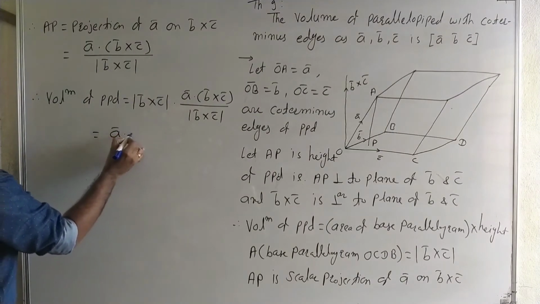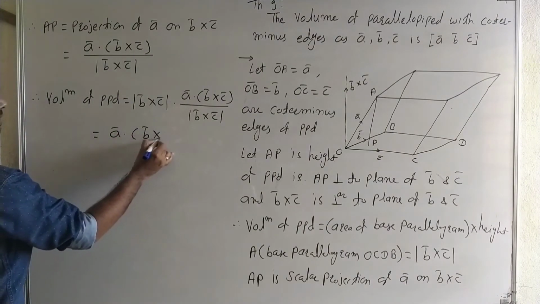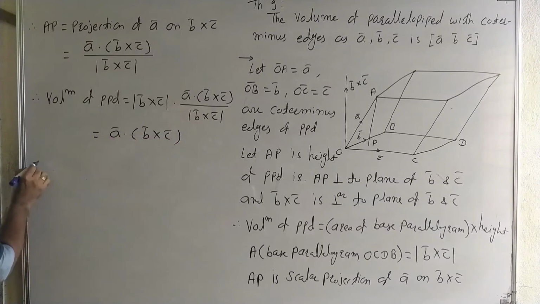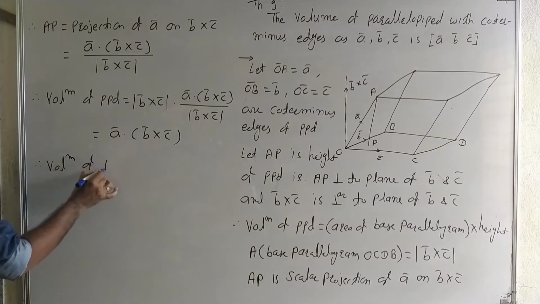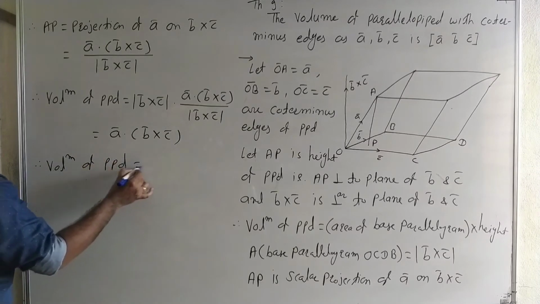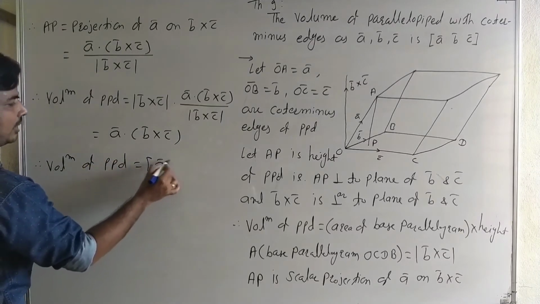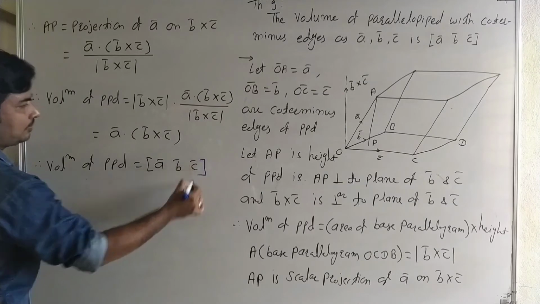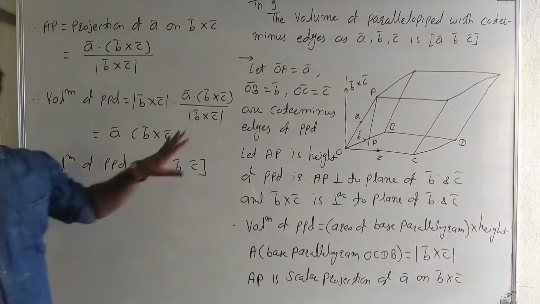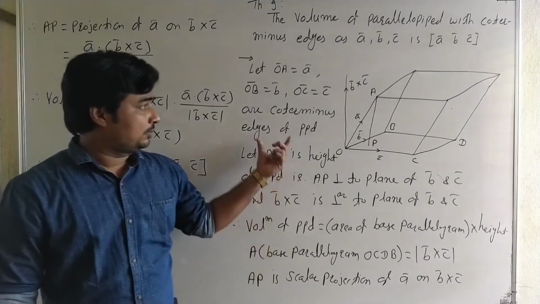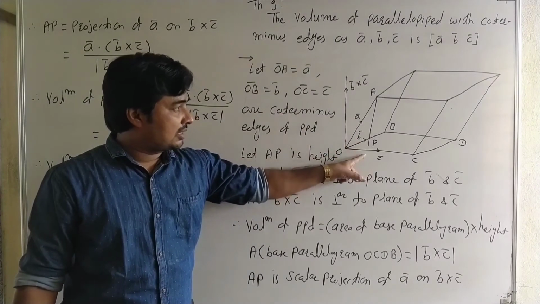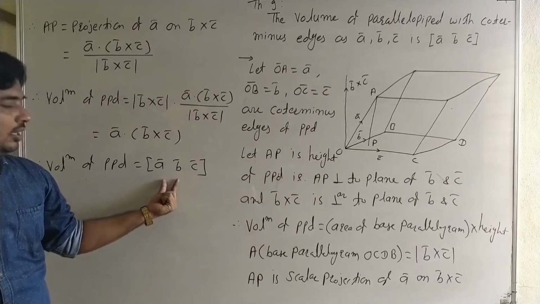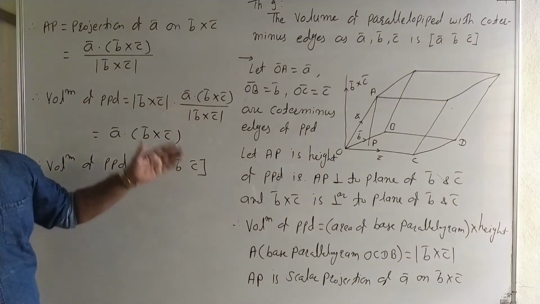Here A bar dot B bar cross C bar is a triple product, and therefore volume of parallelepiped is equal to triple product of A bar, B bar and C bar. It is the volume of parallelepiped.